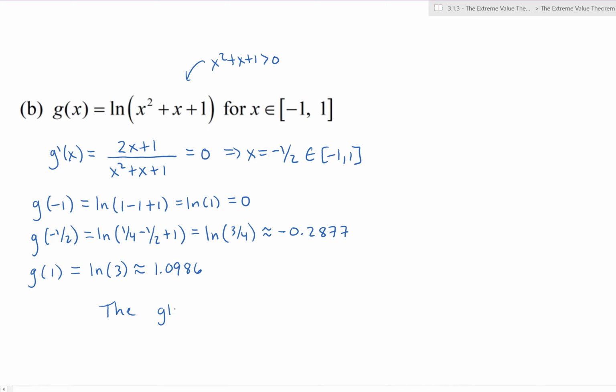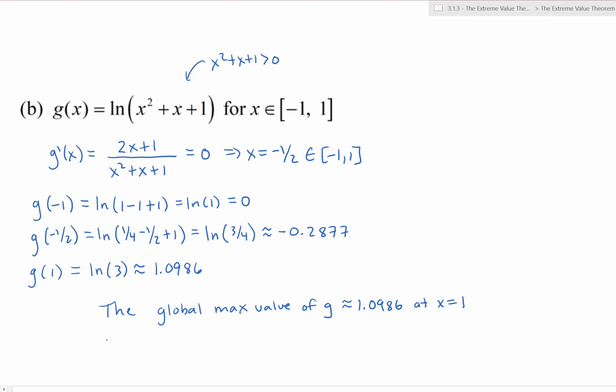So we can make some conclusions now. The global or absolute max value of this function g is going to be, at least approximately, 1.0986, or the natural log of 3, at the location of the right-hand endpoint, x equal to 1.